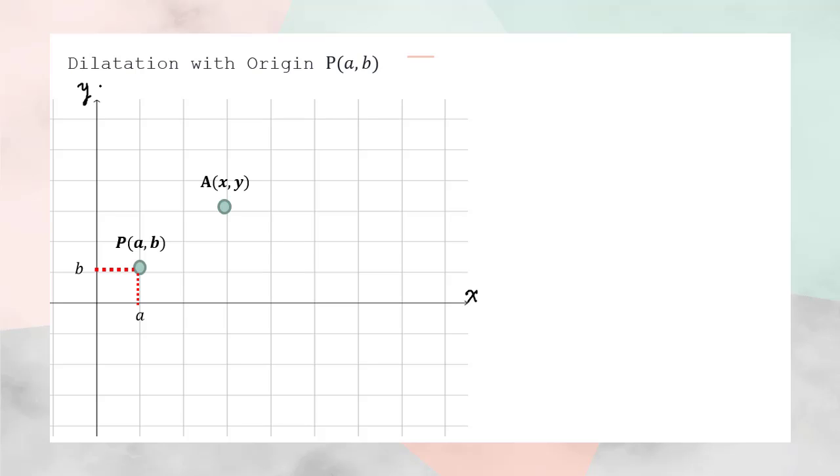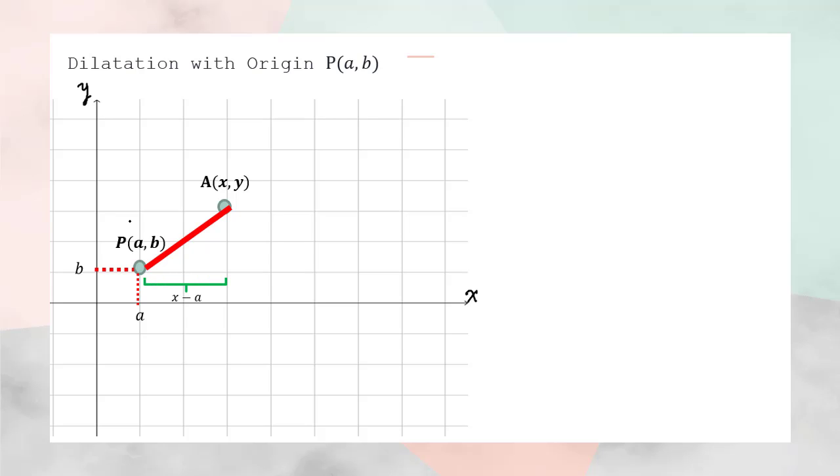And we want to find the image of point A, which has coordinates (x, y), under the dilatation with center P(a, b) and scale factor k. We connect P and A with a line segment.